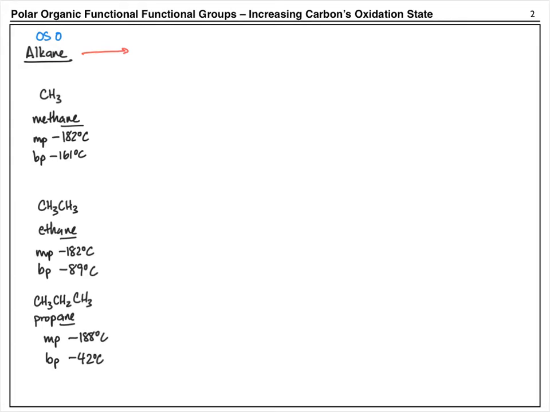In your book, chapter 10, we're going to learn about radical substitution. And what a radical substitution of an alkane will give you is an alkyl halide. We're not going to worry about how this happens right now. Basically, we're just going to look at the functional group present and how that functional group changes the melting and boiling point.